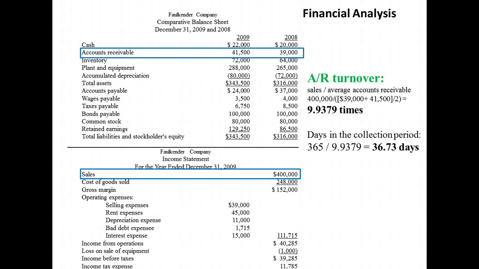So we take 365 days in a year, we divide it by the turnover number. So it takes us on average 36.73 days to collect from our customers. And obviously, like I mentioned in class, we want to lower that number. We want to collect from our customers quickly. Therefore, we could take that capital and reinvest it back into the business quickly.